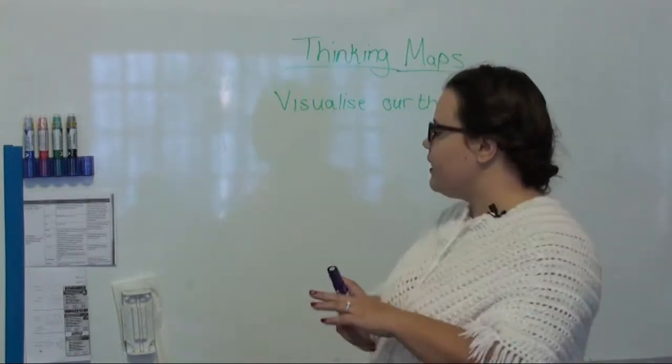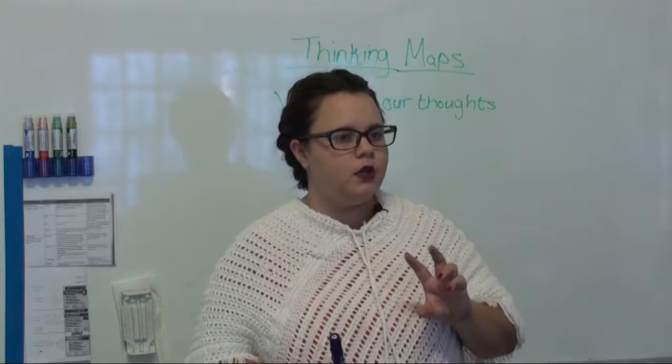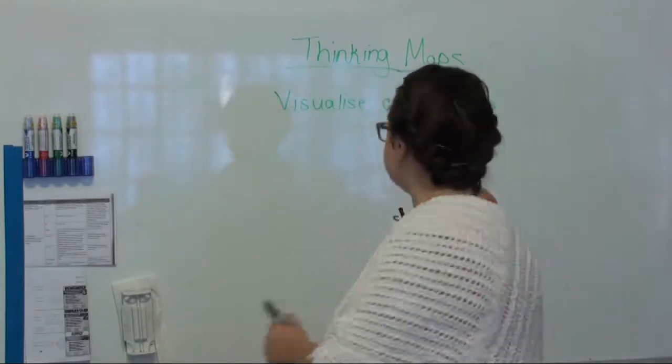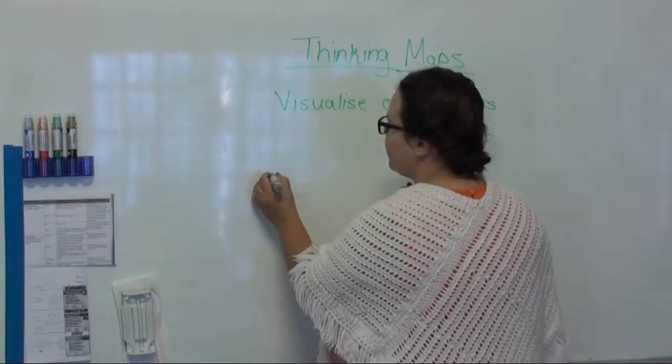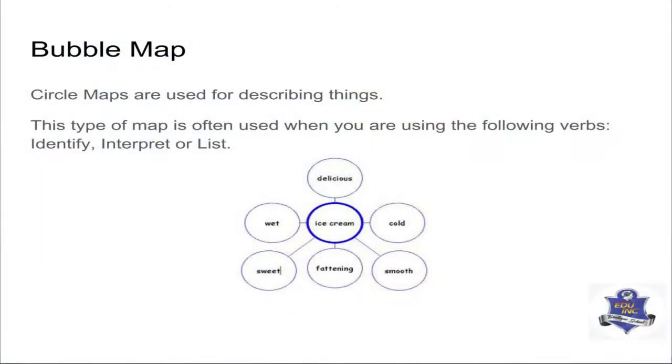And there are 3 thinking maps that I want to be working with you in this unit. The first one would be the bubble map, okay? This is essentially what is a mind map, what you guys are very familiar with calling a mind map. But for this sake, we can call it a bubble map.